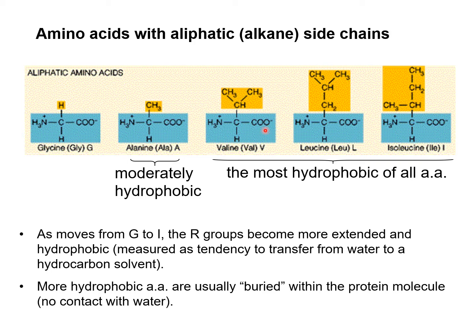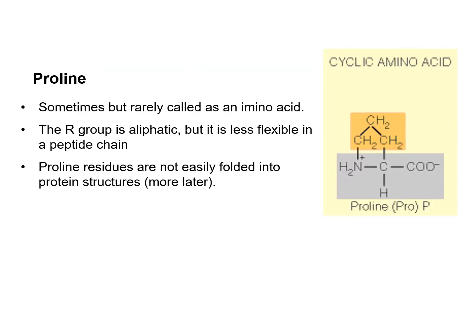And more hydrophobic amino acids are usually buried within the protein molecule, so they can avoid the contact with water. And proline is an interesting amino acid because it has a cyclic side chain, as you can see here. And proline is sometimes, but rarely, also called an imino acid because it has an imino group.